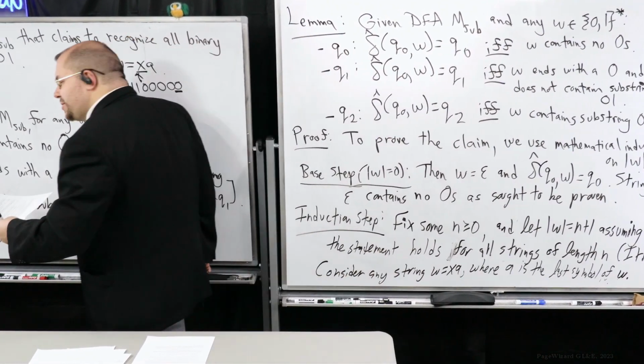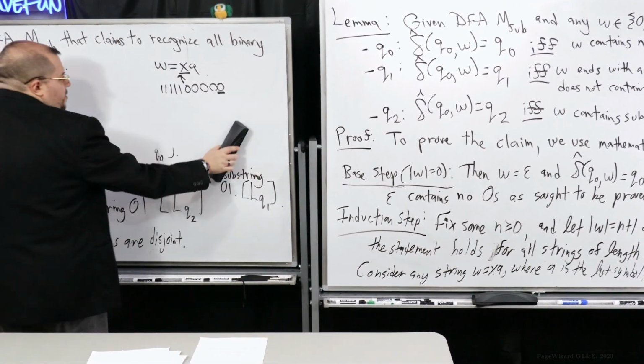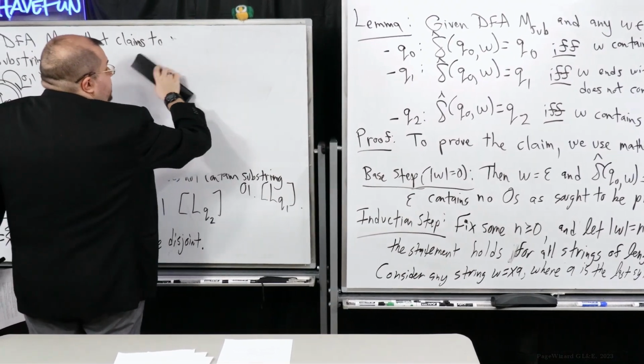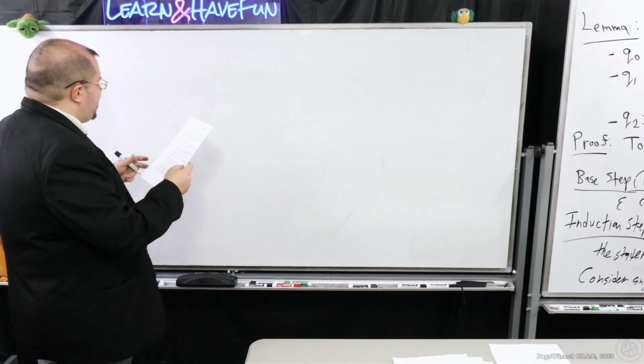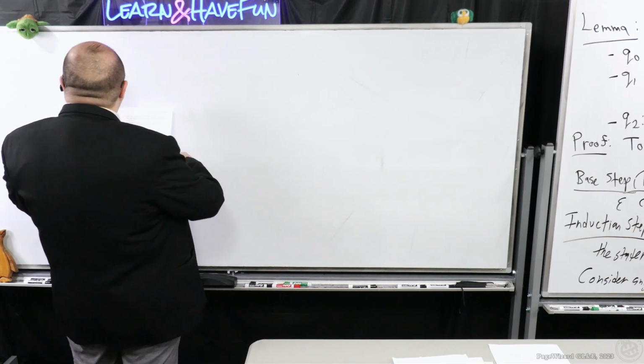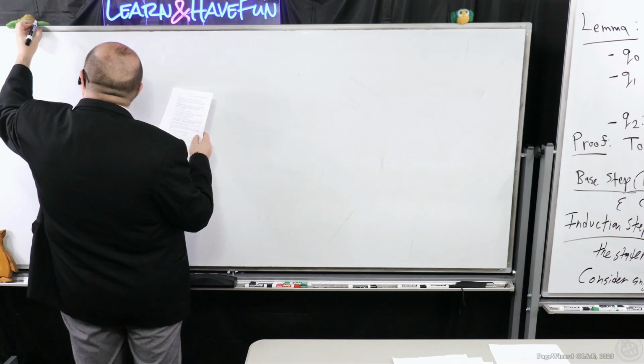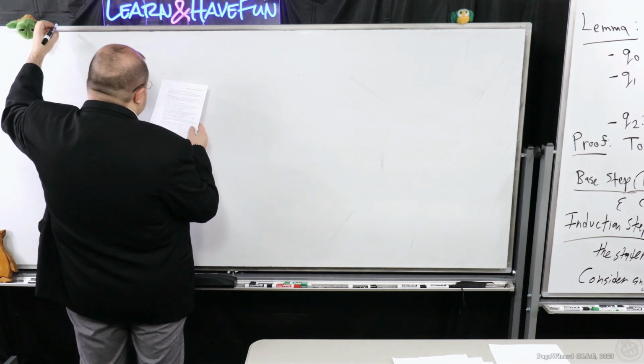Now we got to show that the statement follows for when the length of the string is equal to n plus 1. So we got to make sure we state this, because we're going to be trying to prove the statement follows from our induction hypothesis for all strings of length n plus 1.